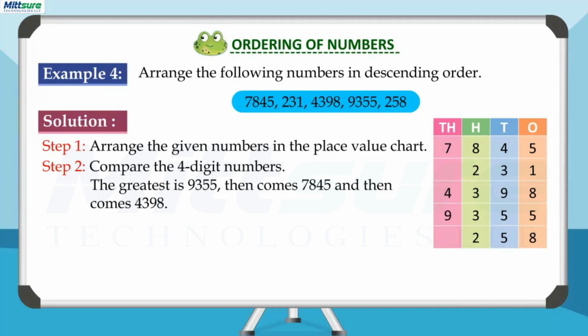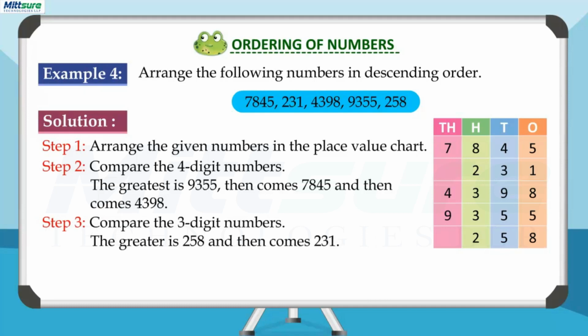The greatest is 9355. Then comes 7845. And then comes 4398. Step 3. Compare the three-digit numbers. The greater is 258 and then comes 231.